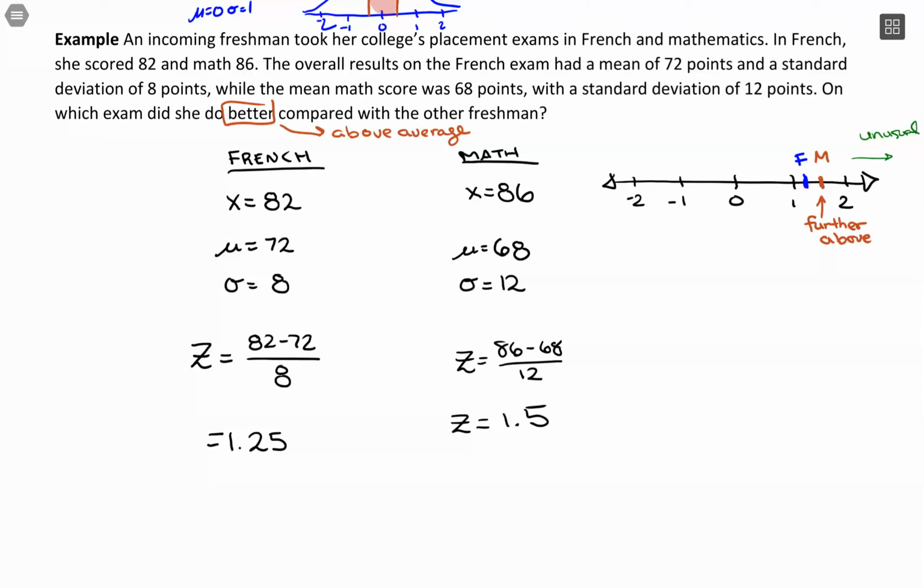So we're getting close there with that math exam of getting into this territory of where she scored way higher than everyone else. So with this, because her math score was further above average, the math score was better. So those are z-scores. We'll primarily use them to compare unlike events, just like we did with the French and mathematics here.